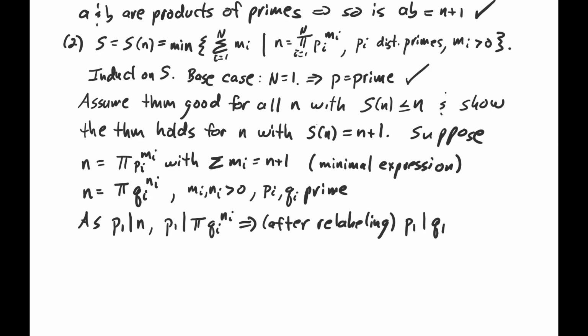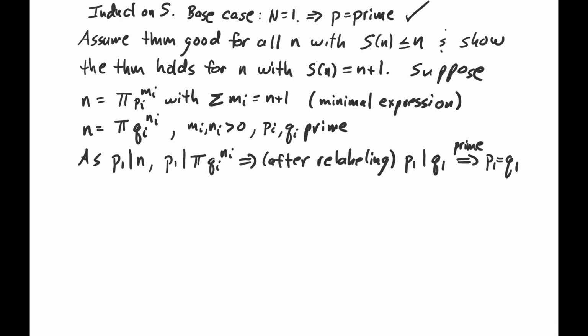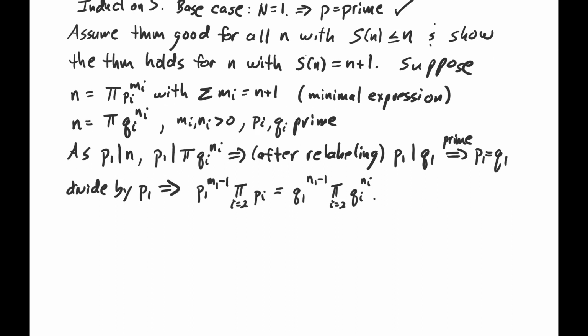But both p and q are prime, and bigger than 0, so if p_1 divides q_1, then that's because they're the same. Okay, now we're going to divide out by p_1 on both sides, and we get this. We've pulled out the i equals 1 term and written it separately on both sides. Also remember, p_1 is q_1. I left it as q_1 on the right, but they're the same.